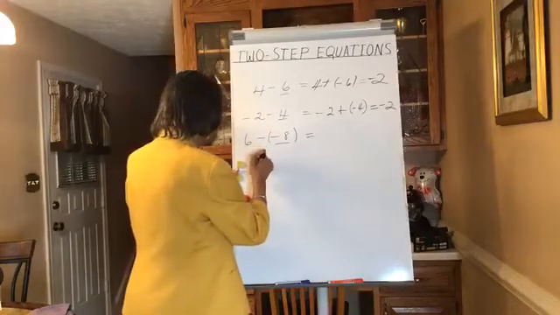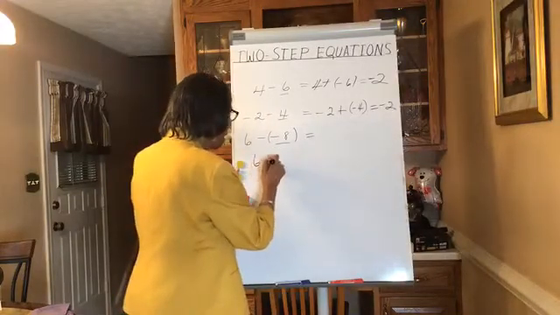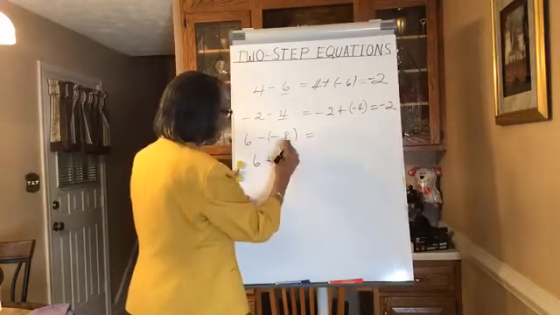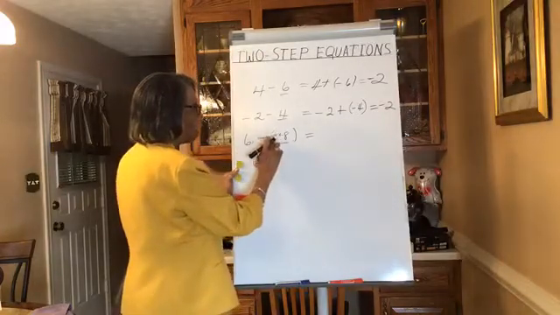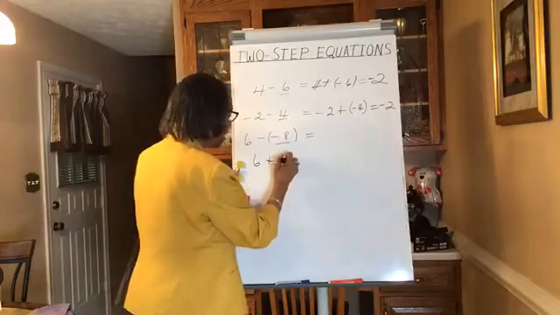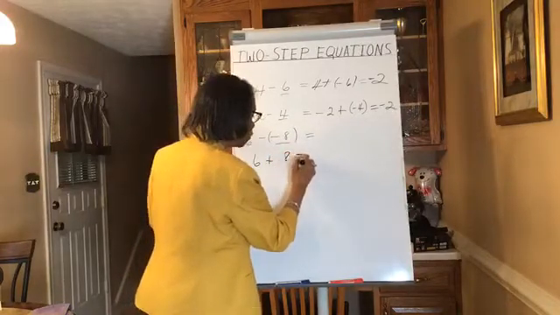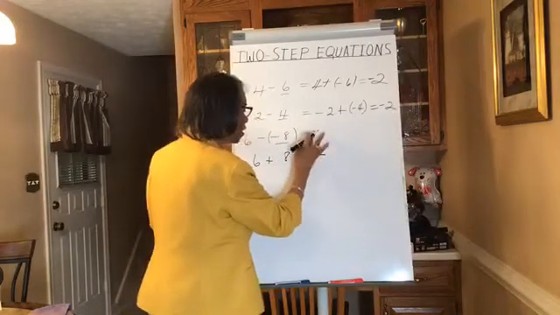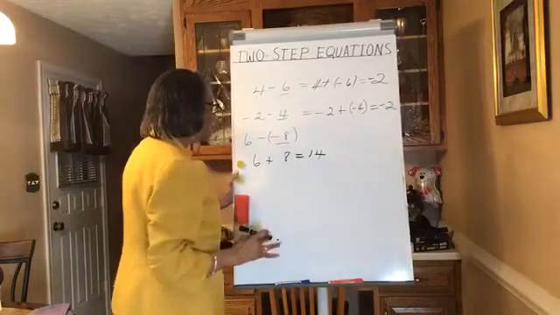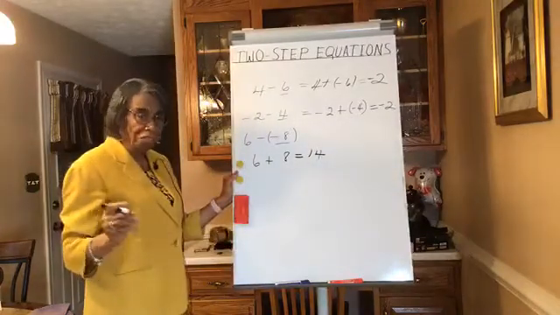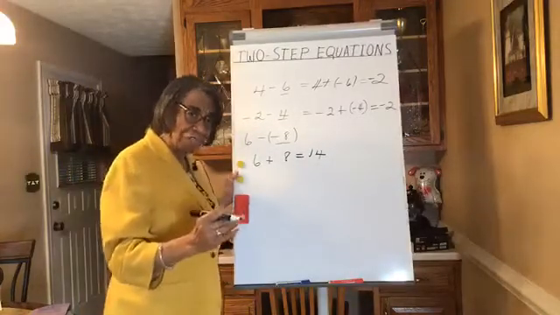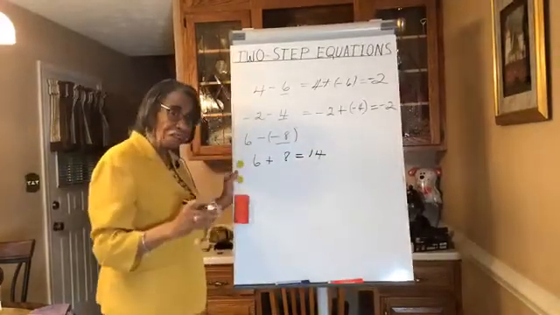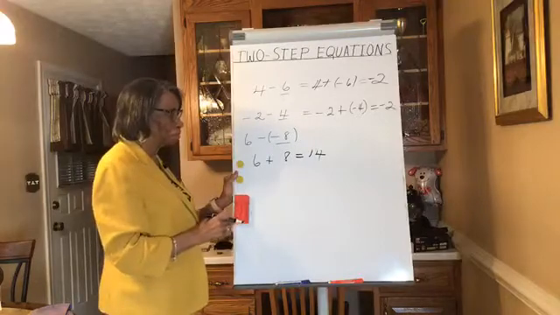All right, 6 plus the opposite of negative 8, which is 8, equals 14. All right, hopefully you got those three correct. So when we subtract, we add the opposite of the number that follows the minus sign, right?